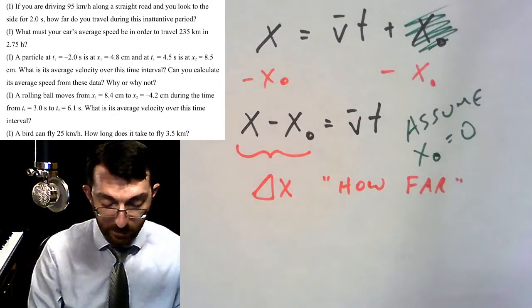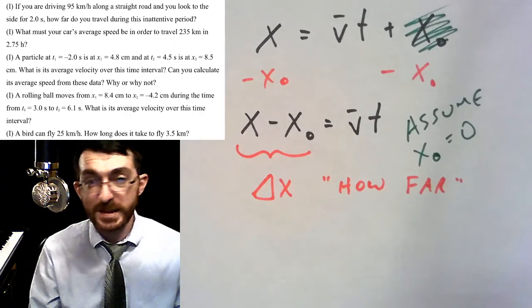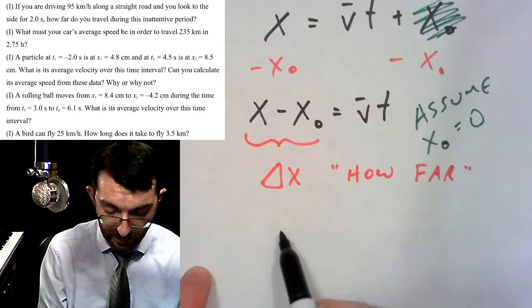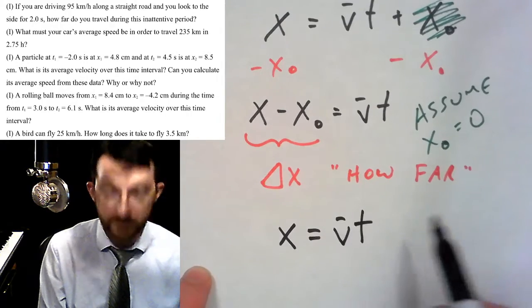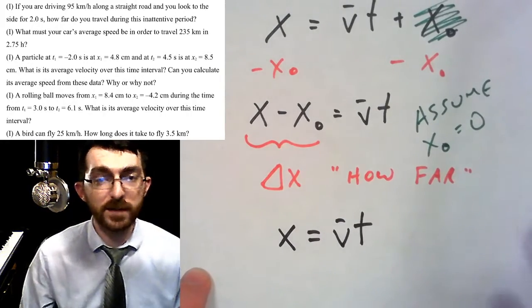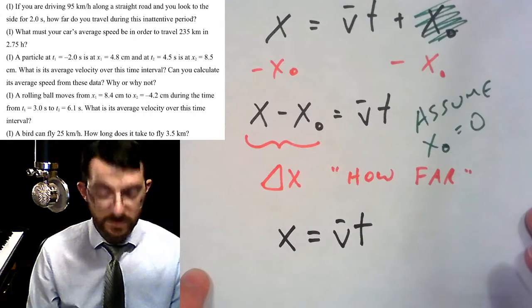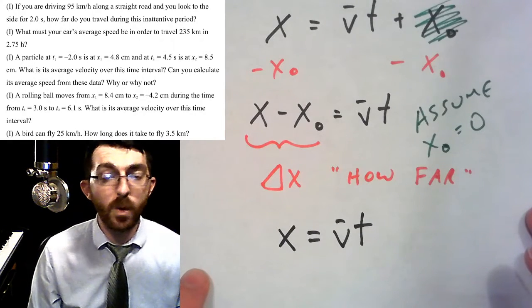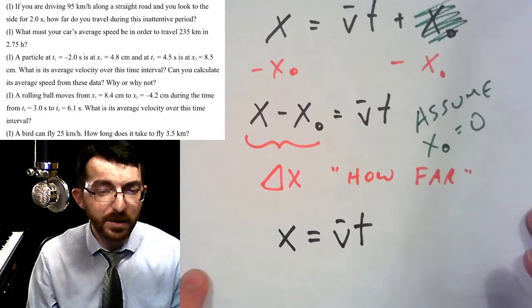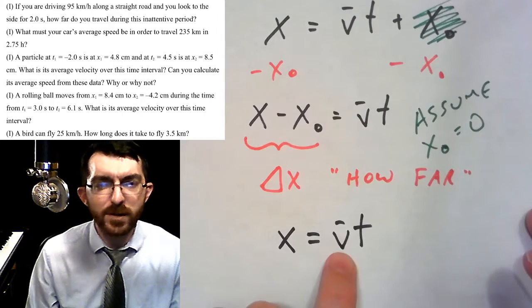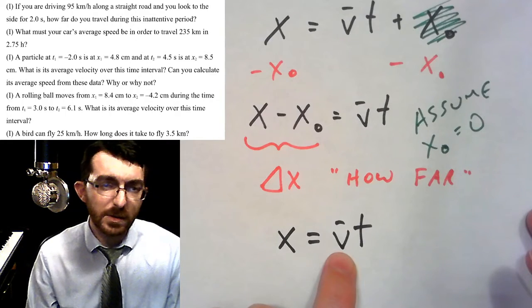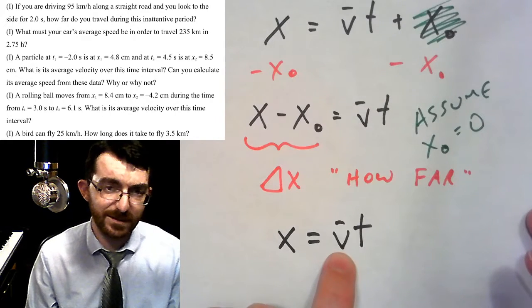That means that the only equation we're really looking at here is x equals average velocity times time. And in fact, if you look at the question specifically, it says you are driving 95 kilometers per hour. In other words, forget average velocity. The question is telling you you're traveling at a constant velocity.